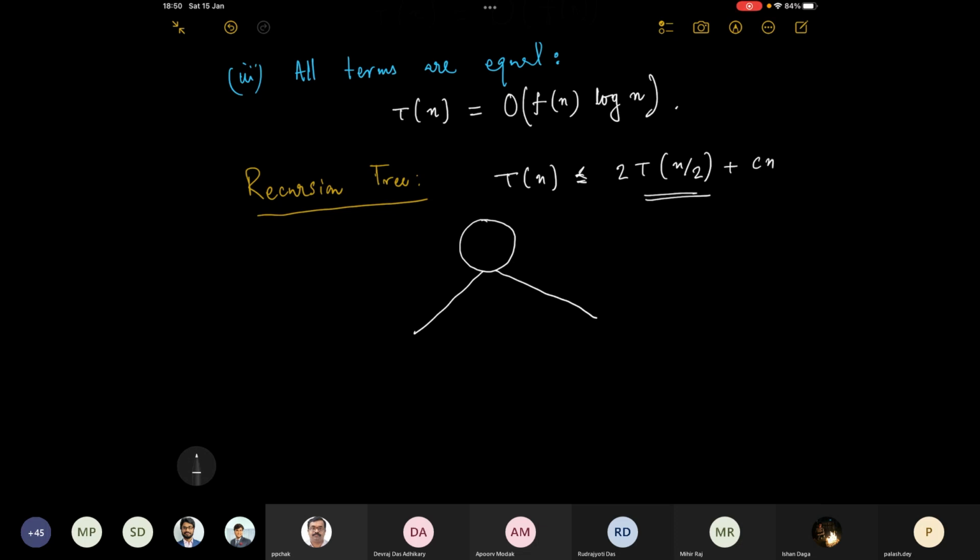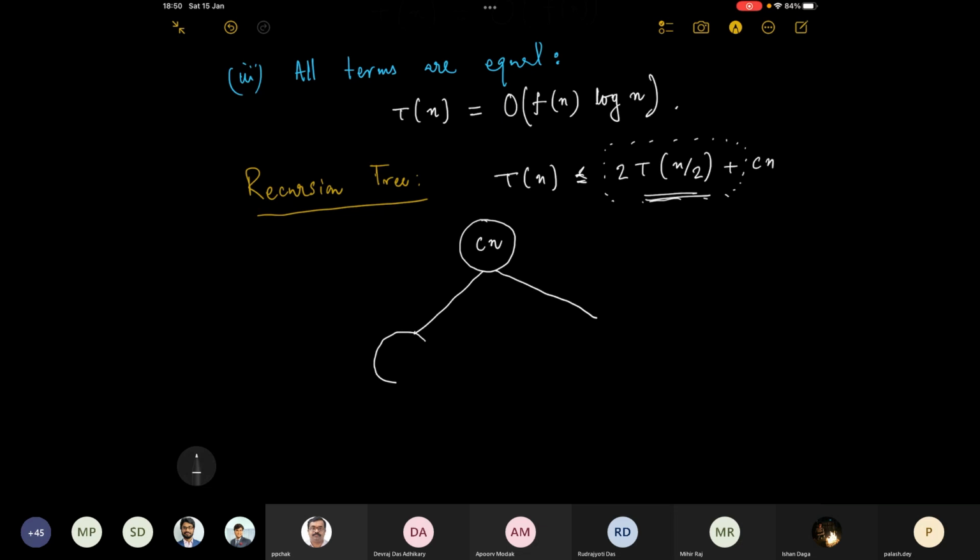Each node you label with the number of basic operations carried out in the node except recursive calls. If you forget the recursive term 2T(n/2), the rest of the work is Cn, so you mark it as Cn.